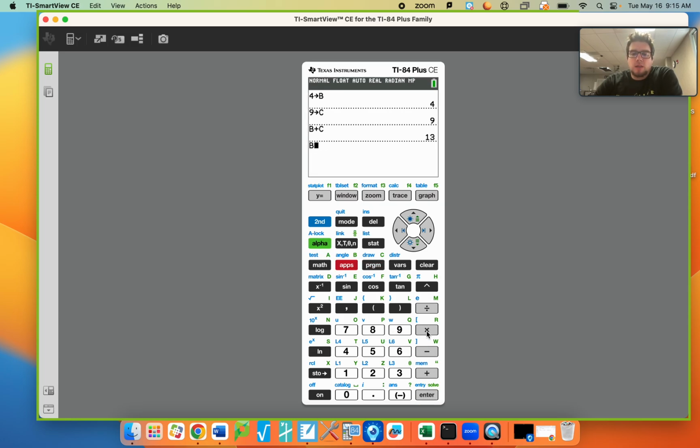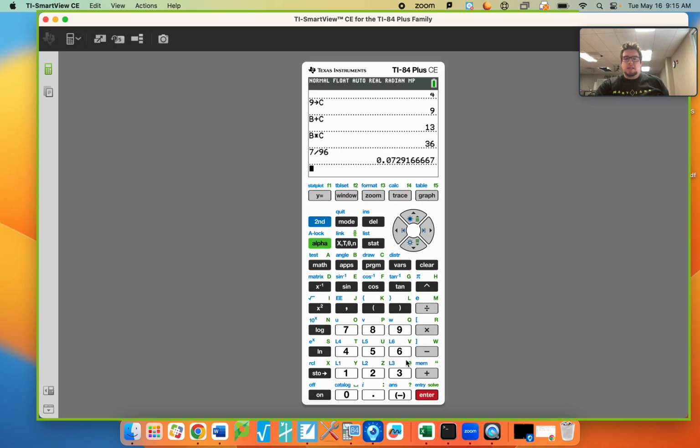If I do B times C, I should get 36. So I can recall a bunch of these letters to help me throughout a problem. If I'm working with a crazy number, 7 divided by 96, and I get this crazy decimal and I need to use the whole thing, I can store it into a variable so I don't have to type it all the way down.